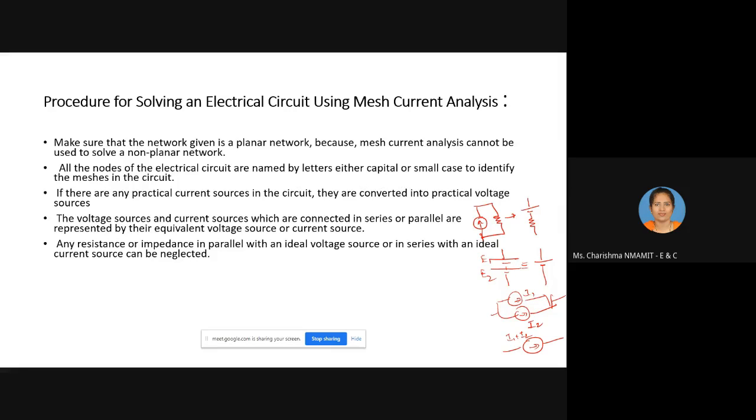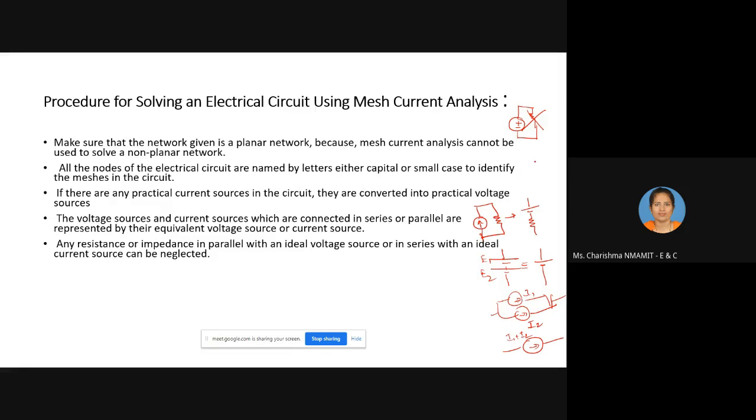If you have a resistance, or an impedance in case of an AC network, which is in parallel with an ideal voltage source, then you can neglect it because it becomes redundant, since the voltage across this resistance is nothing but the voltage source value itself.